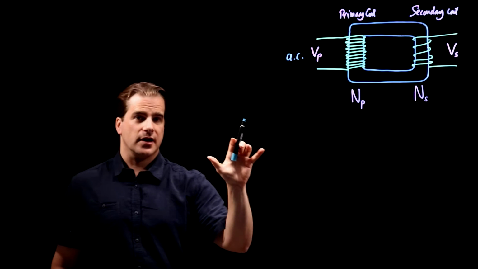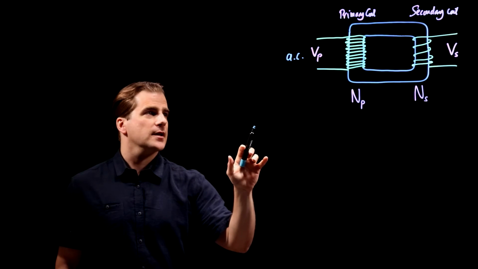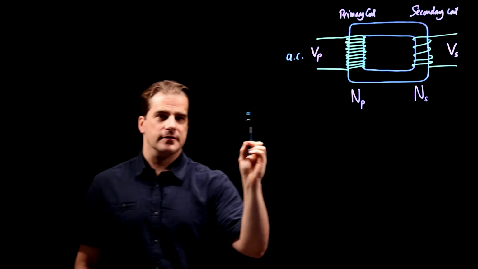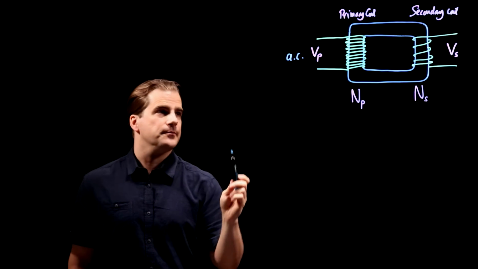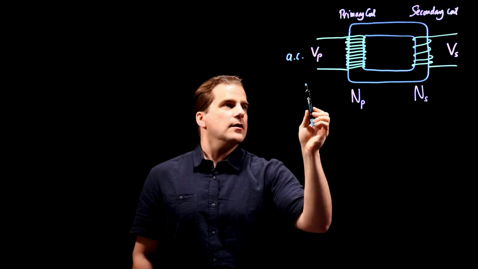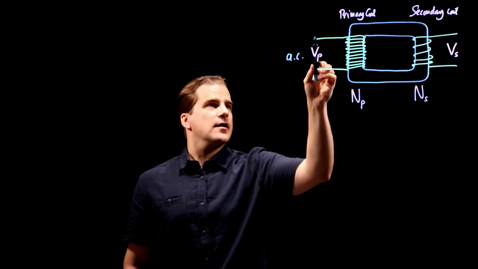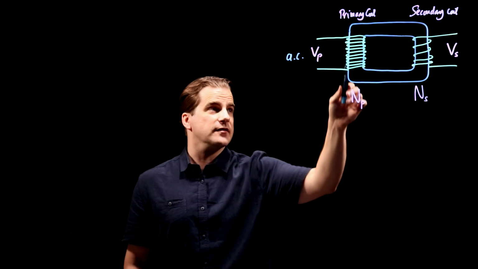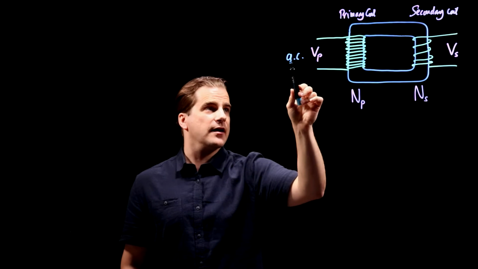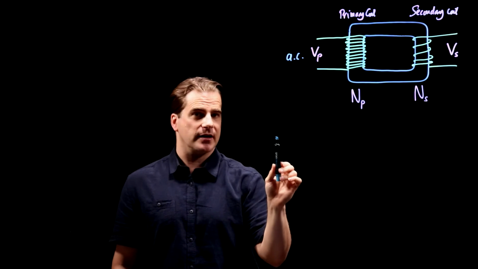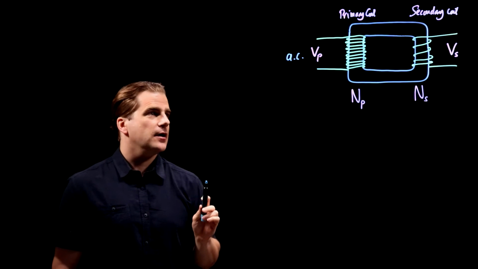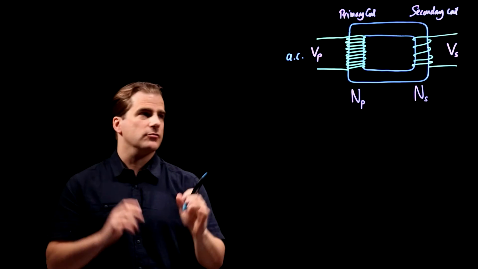Transformers do not work on direct current. And the reason is electromagnetic induction. This current has to be changing to set up a changing magnetic field in this coil. If it's direct current, there's no changing magnetic field and therefore it doesn't work. Common exam question.